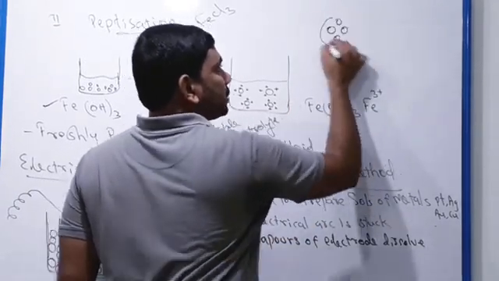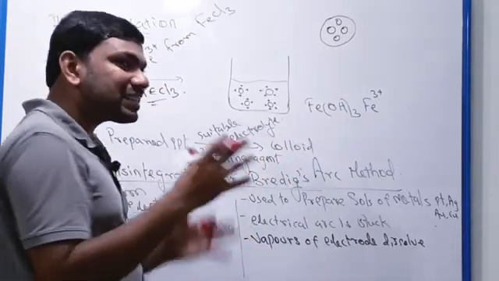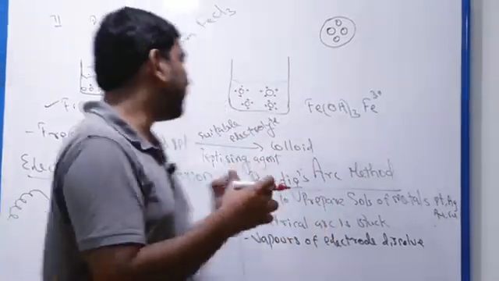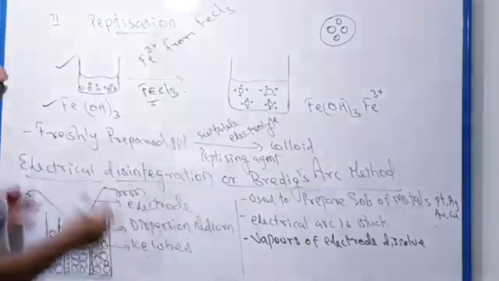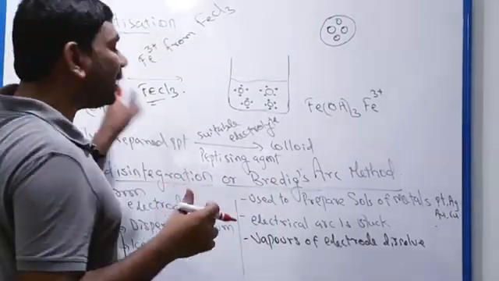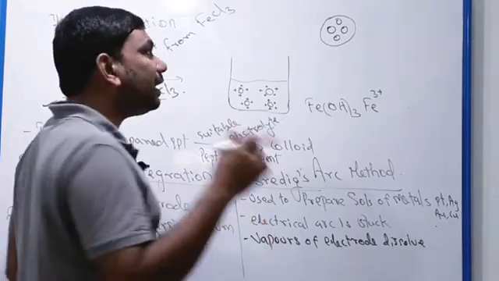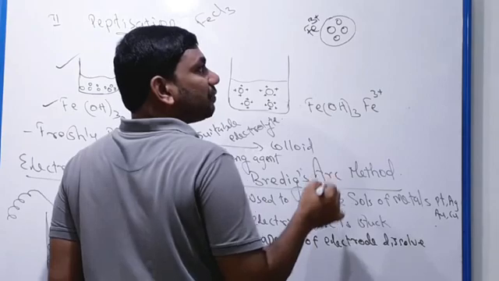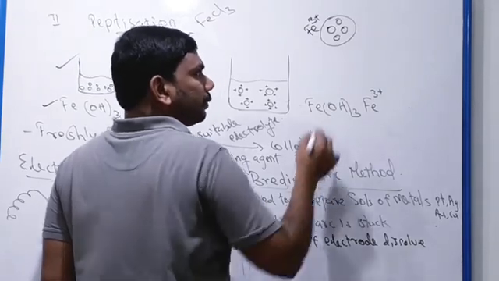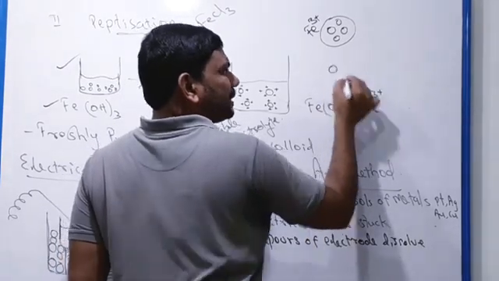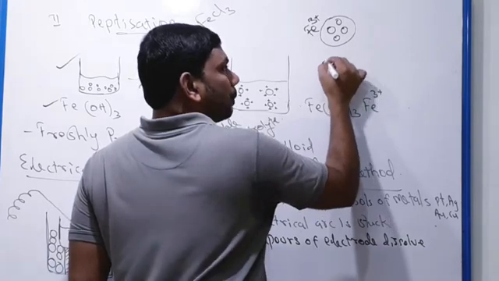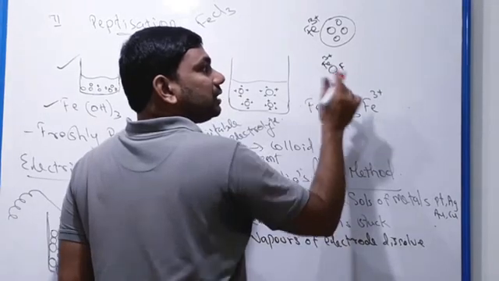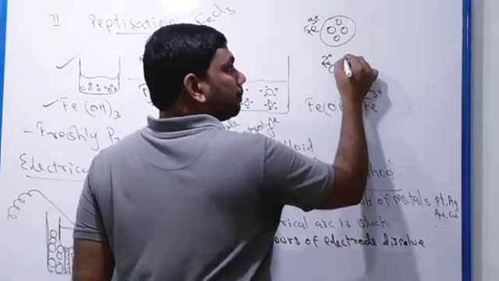Normally, the precipitate will stay together. But when you add FeCl3, in FeCl3 there is Fe3+. So here one precipitate will absorb Fe3+.